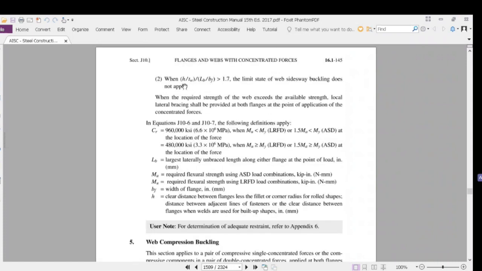However, if the ratio of web depth by thickness of web to the unrestrained buckling length by width of the flange is greater than 1.7, then the limit state of the web sideway buckling does not apply.